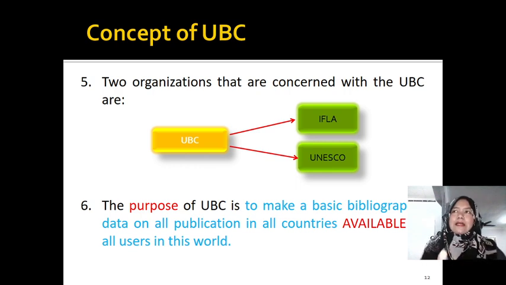So if records come from a different language, remember the problem faced in bibliographic control, one of which is the language problem, we can still understand, oh, this one is actually the name of the person, because they have a standard. This part is the name, this part is the place of publication, this part is what we call the title, for example, even though it's not the same language as yours.